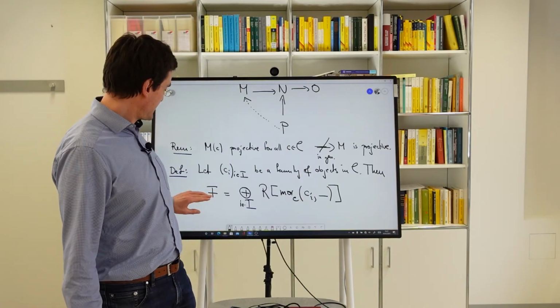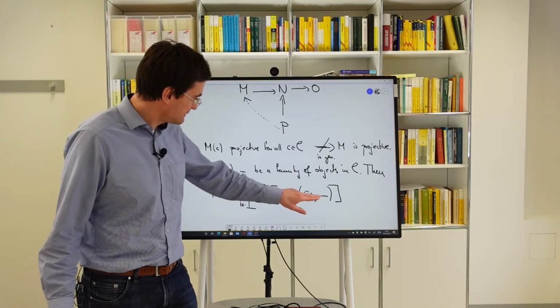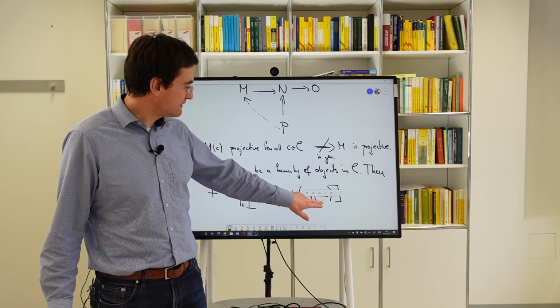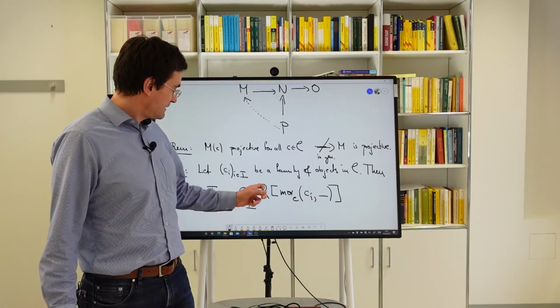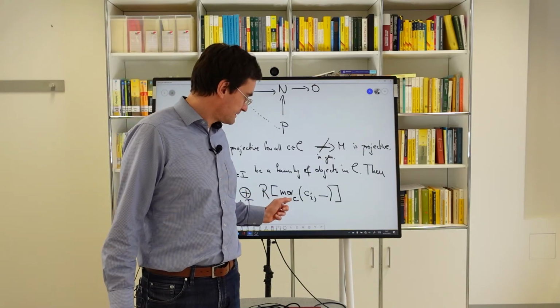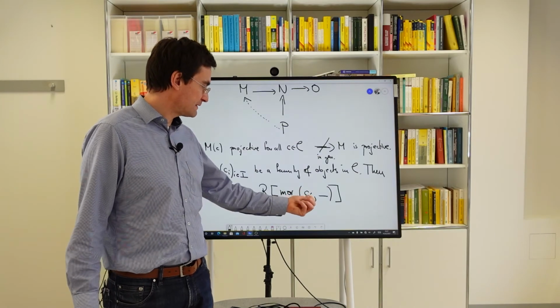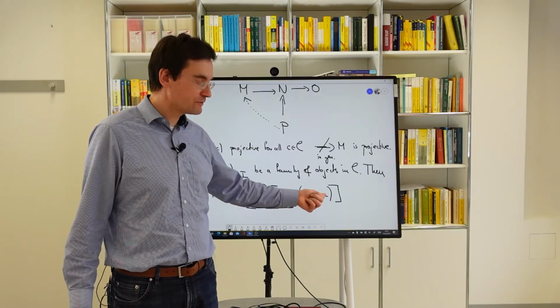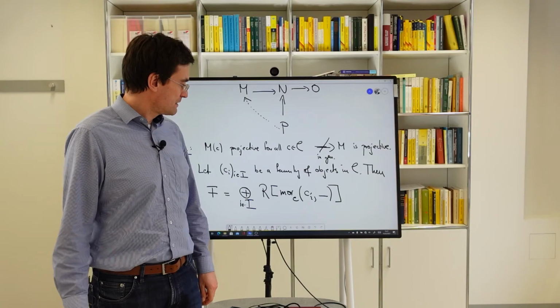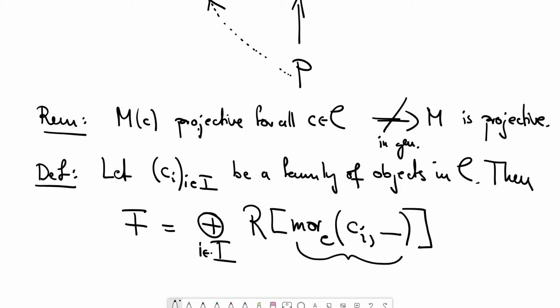So I have to be able to plug an object C into this F. I do this by plugging it in here, and then what I have is a direct sum of R modules over certain sets, and the sets are the morphisms from this fixed object Ci to C. If you want, this thing here you can view as a covariant functor from C to the category of sets.